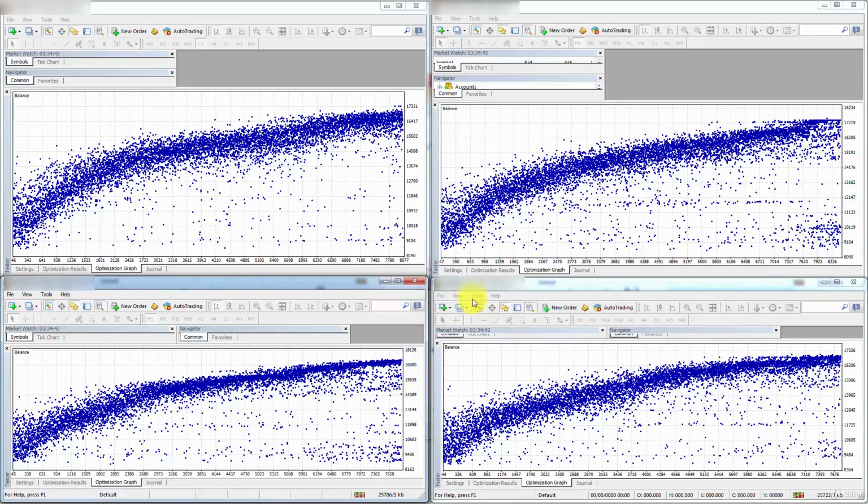And just to have a look at the results, you can see here that the starting balance was 10,000, and you can see that the genetic algorithm did a great job. Some of them went down, so what we saw in that lovely picture that I drew. Some of them went down, some of them went up, but generally you can see this curve is going up.